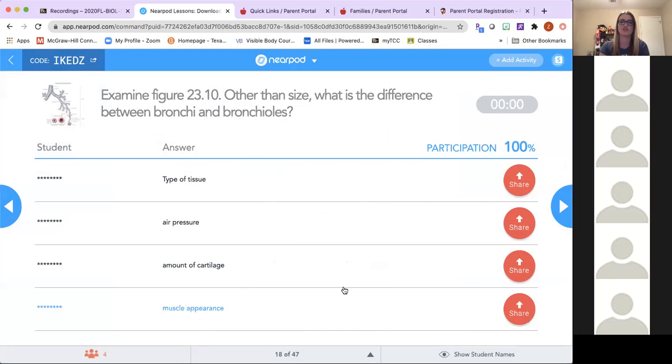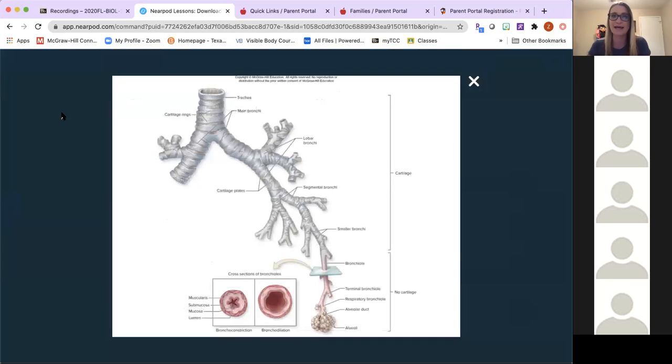Amount of cartilage, that's what I was going for. The first and the last answers kind of had to do with the air pressure. There would probably be a difference in air pressure in them as well. You can't tell that's what's going on from the image though. But okay, so let's blow it up again.